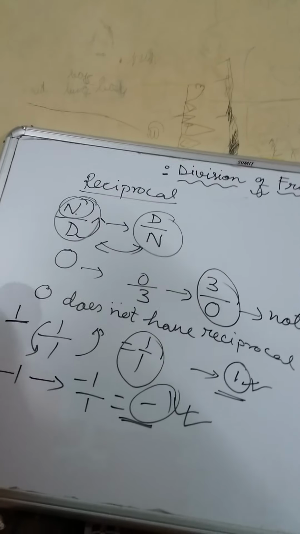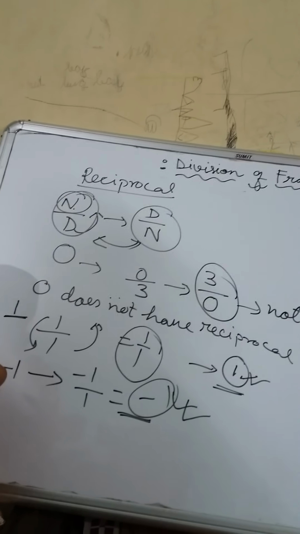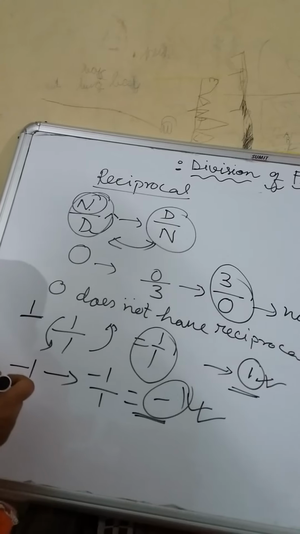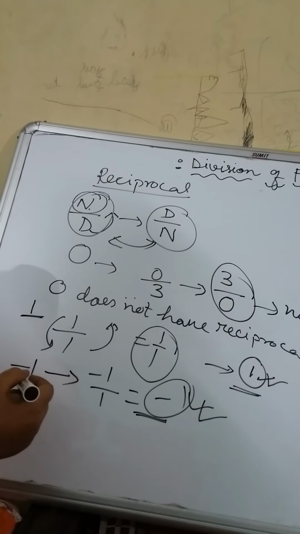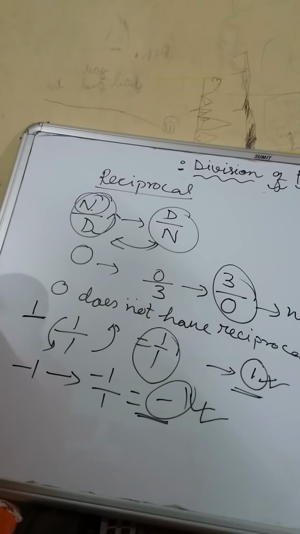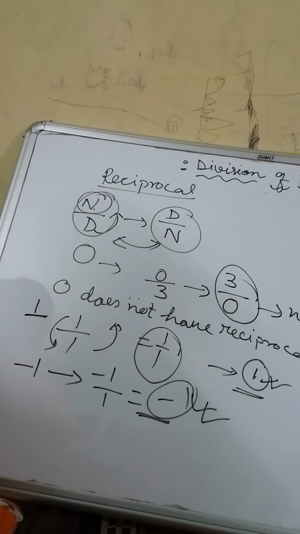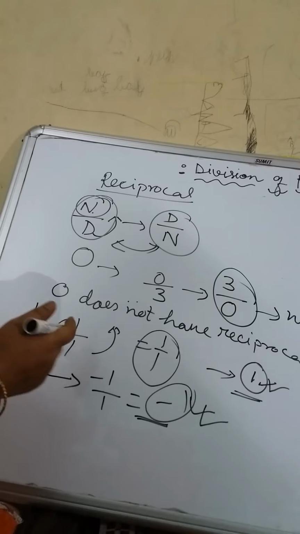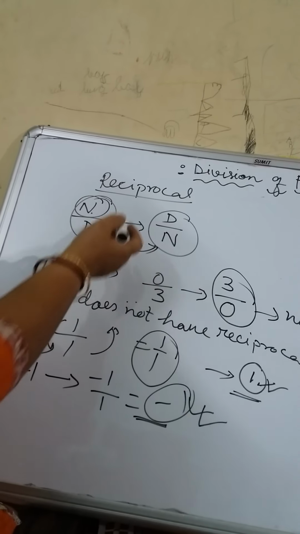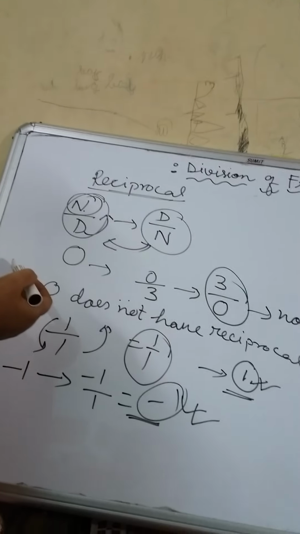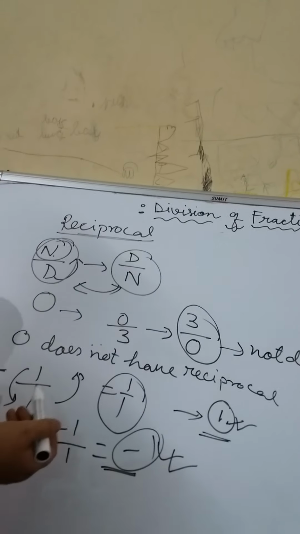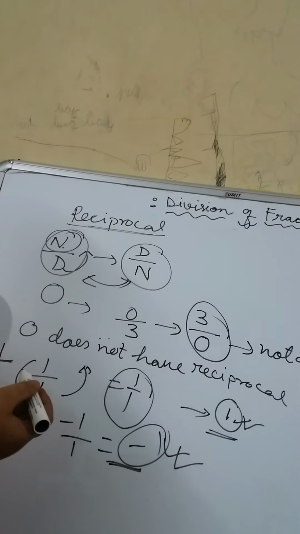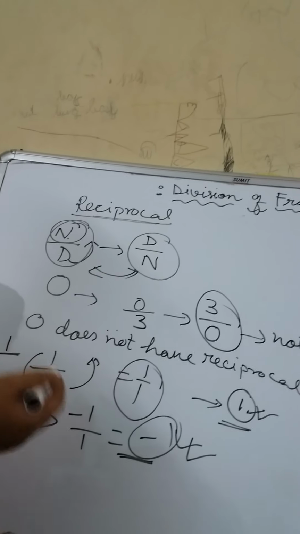Okay. Then in short, to find the reciprocal of a number, you just invert or swap the numerator and denominator. Now why do we discuss this reciprocal? When you consider division of fractions, we actually need the reciprocal of the divisor.